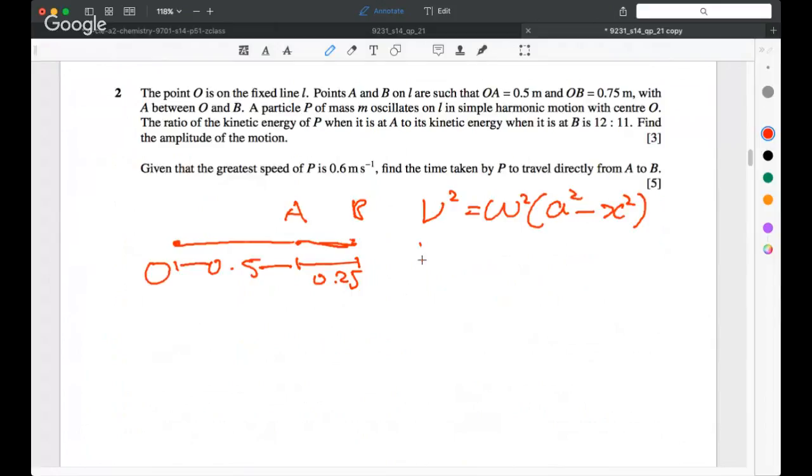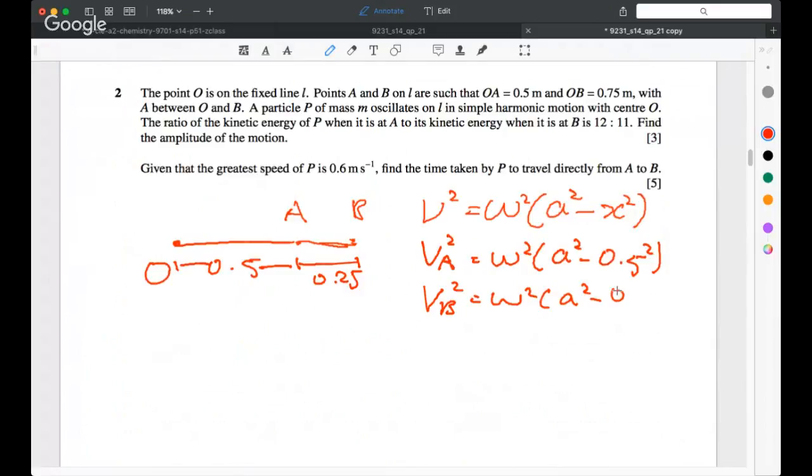So we know at point A, VA squared is equal to omega squared times A squared minus 0.5 squared, which is the displacement 0.5, and VB squared is omega squared times A squared minus 0.75 squared.